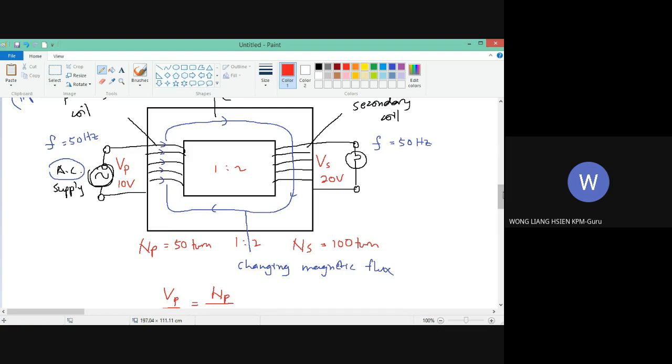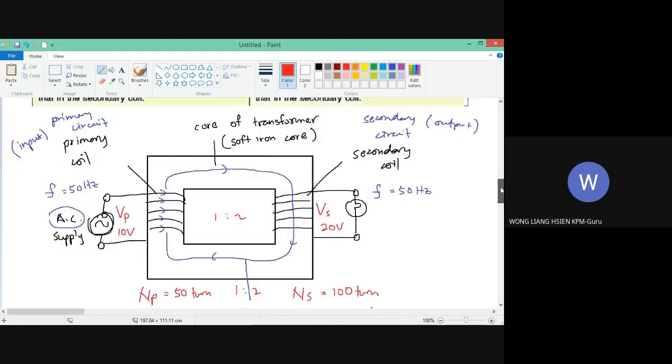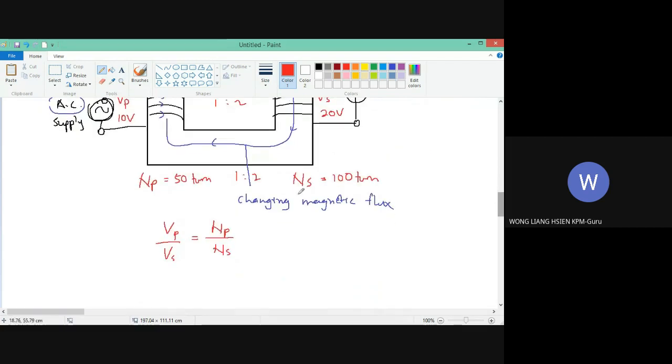Understand? Very simple, very easy to understand. So we can have an equation to relate the primary voltage, secondary voltage, number of primary coils, and number of secondary coils with this simple equation. That means if we know three of them, we can find the fourth one.